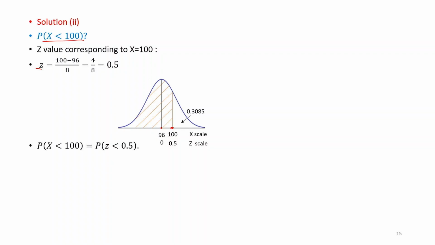I need to know how many values are there which is less than 100. That means I need to know the area which is less than 100. So the area is shown in this curve by this hatch line. And corresponding to 100, the Z scale value is 0.5. So Px less than 100 basically means Pz less than 0.5.